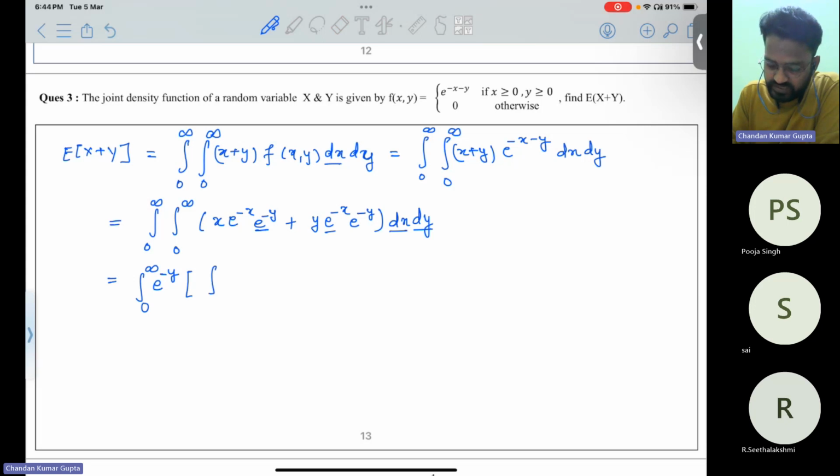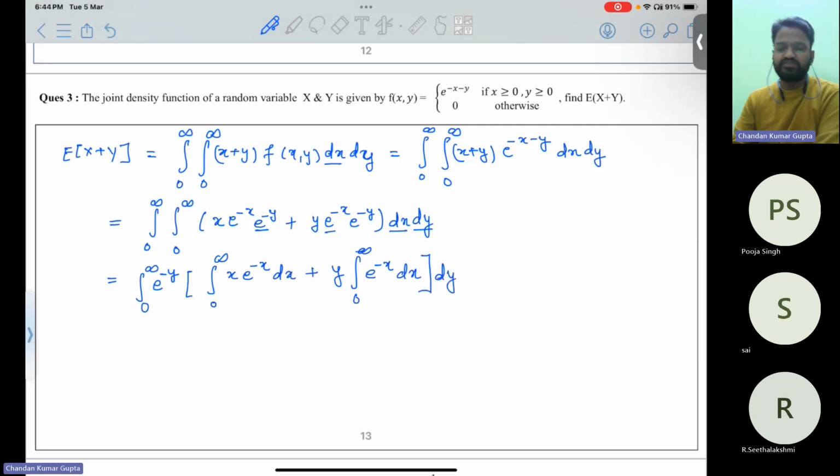Then it comes out to be 0 to infinity x e to the power minus x dx plus y e to the power minus x dx, and dy. First function times integration of second. We will try this. Is it okay now?